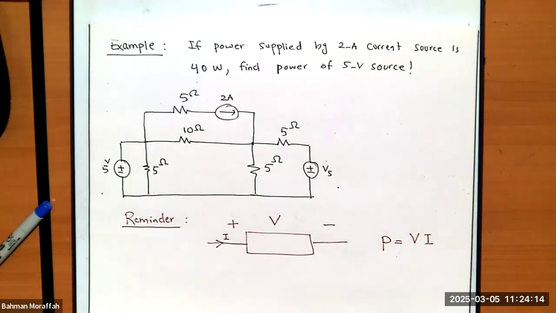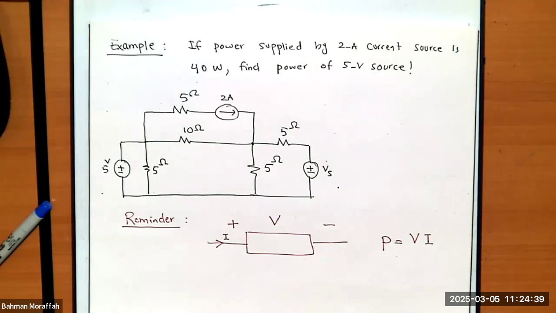And if the power is positive, we say the power is being absorbed, right? But if the positive direction of current hits the negative sign of this V, what it means is that in this formula VI, V across this element is negative. Therefore, VI is negative.